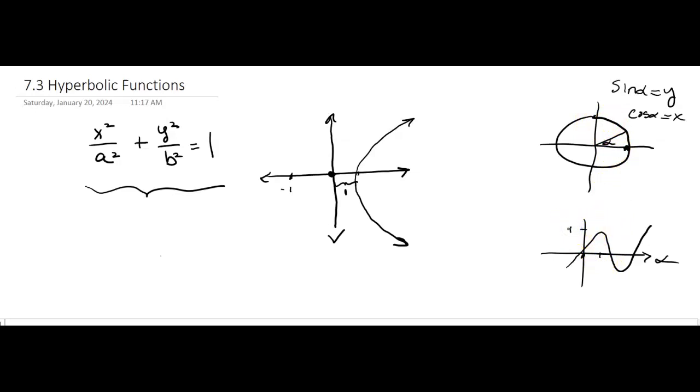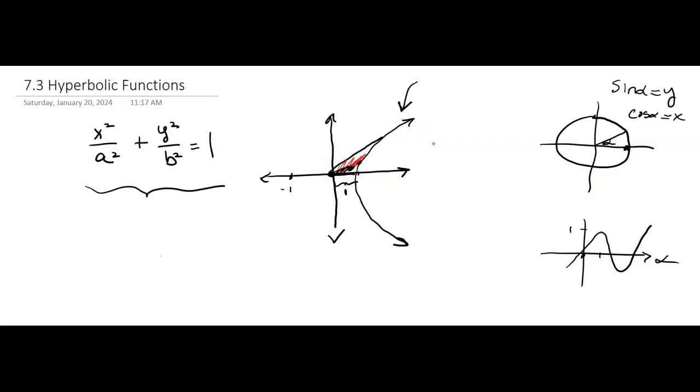We're going to do something similar with our hyperbolics, but we're not going to go off of the unit circle, we're going to go off of this right-hand side of our standard unit hyperbolic graph. But to do that, we're not really looking at angles. Instead, what you're going to look at is the area formed when you go from the origin out to the graph.